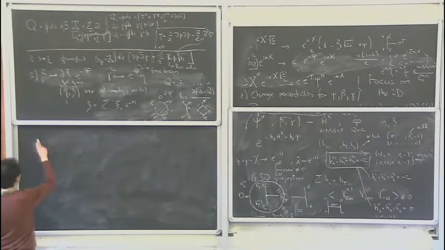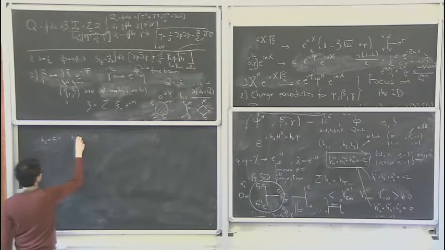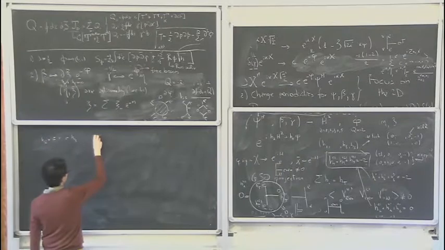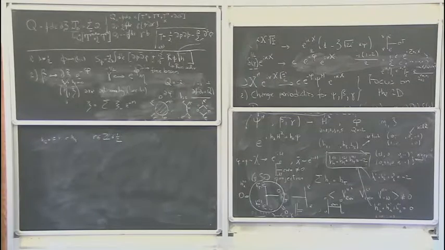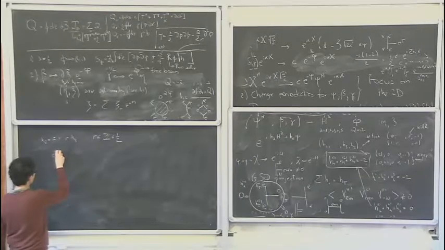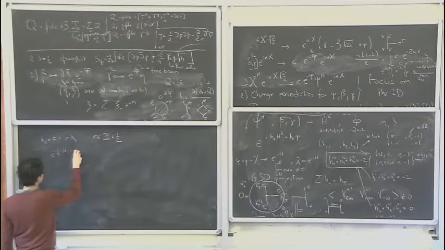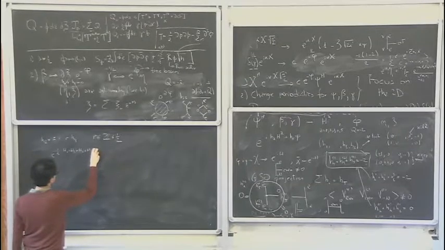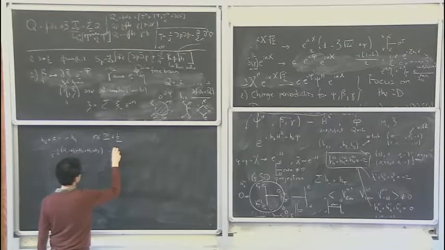So I'm now allowing H_a equal to plus or minus r, and H_phi the same, where r is in Z plus 1/2. So for example, I'm considering states of the type e to the iH1, H2, H3, H4, H5, minus phi over 2.